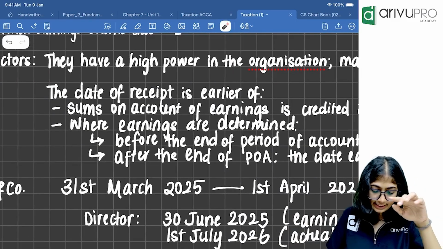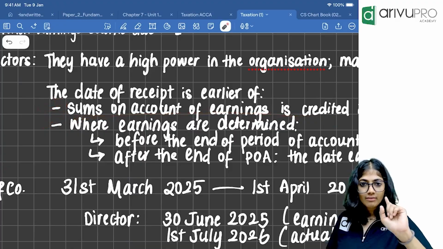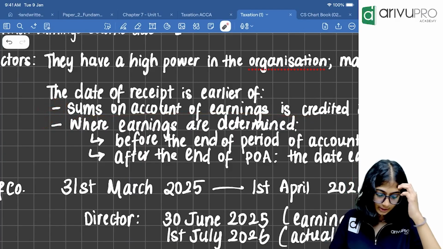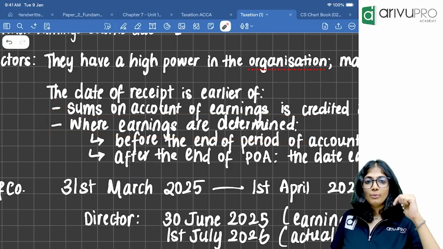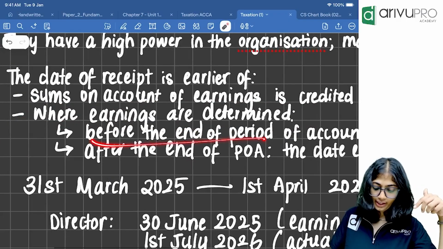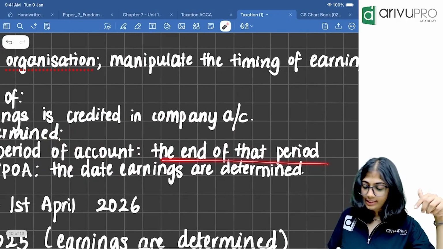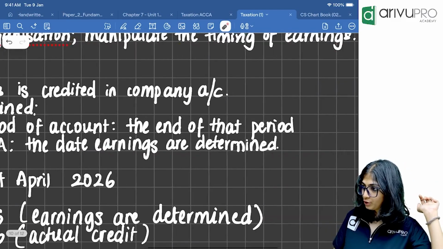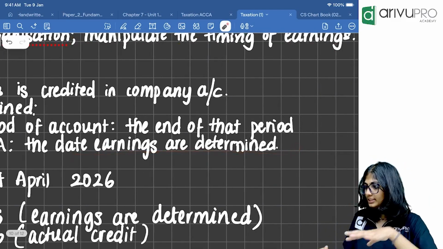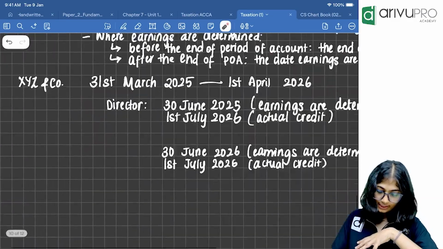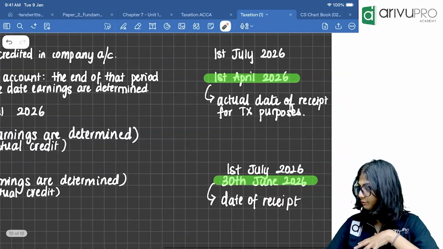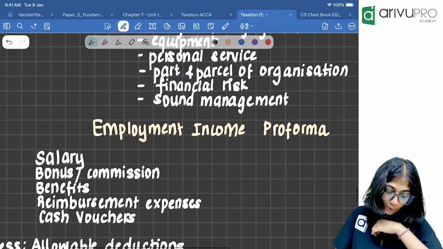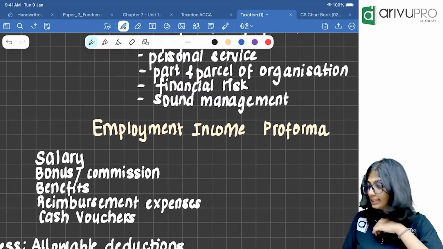The date of receipt is the earlier of, first of all, when the amount is actually credited in the company's books of accounts. And if the earnings are determined before the end of the period of account, then the end of that period. If it's determined after the end of period of account, then the date the earnings are actually determined. You had looked at certain examples. You just have to do that. Alright. Now that is the end of salary. That's the only thing you need to remember from salary.